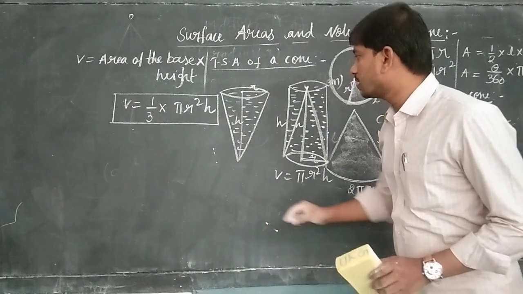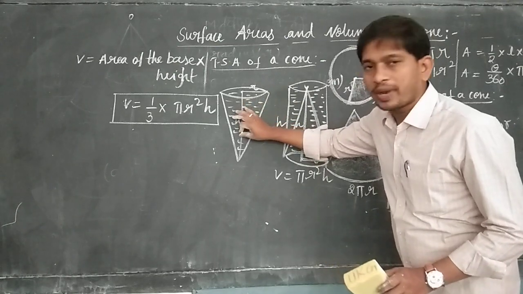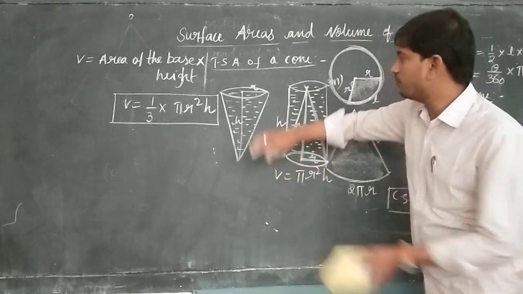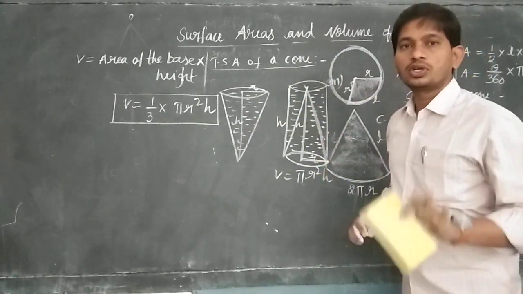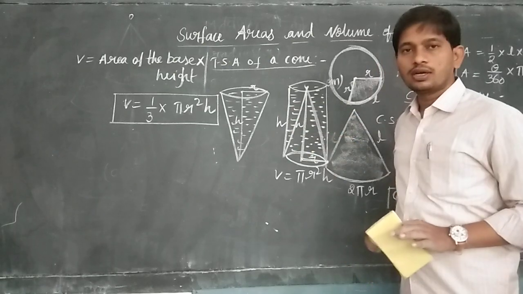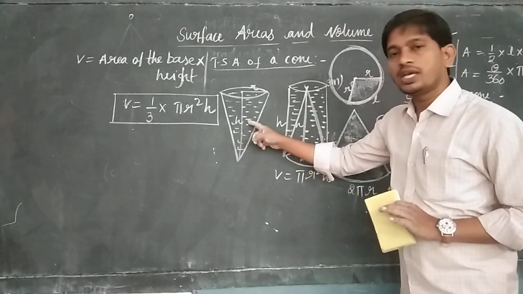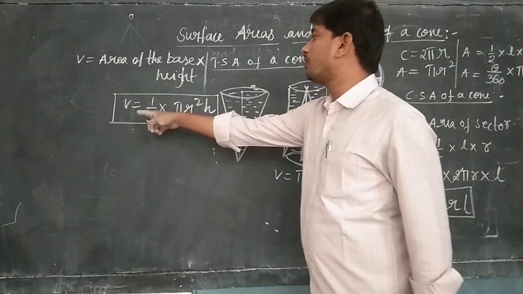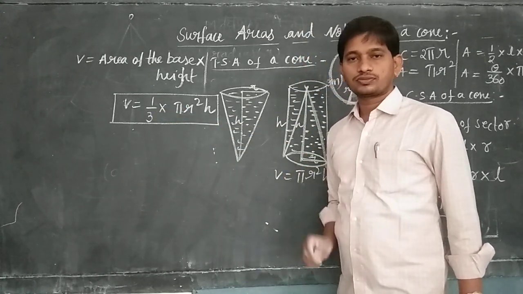Once again, the volume of water occupied in the cone takes 3 times to fill the whole cylinder. From this we understand that volume of cone is 1/3 of the volume of cylinder. So the volume of cone formula is 1 by 3 pi r square h.